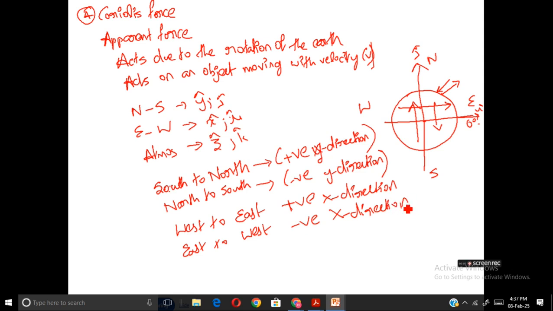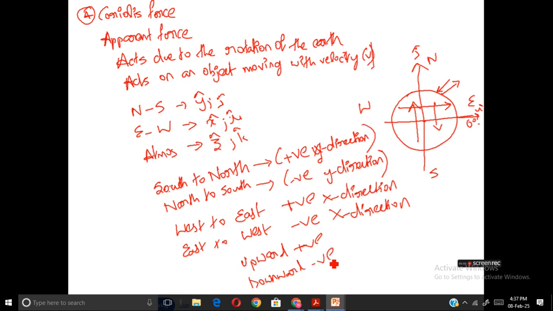In the z direction, if the parcel is moving from the surface to a particular height h, upward motion is positive and downward motion is negative.